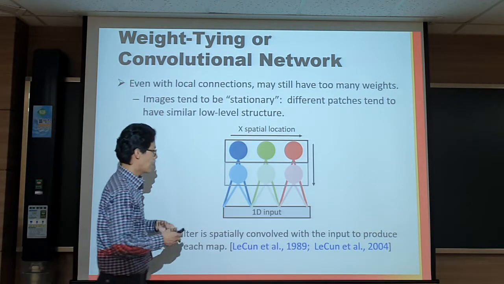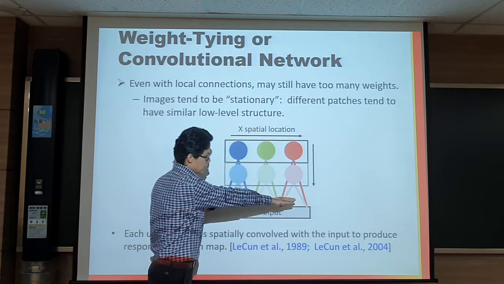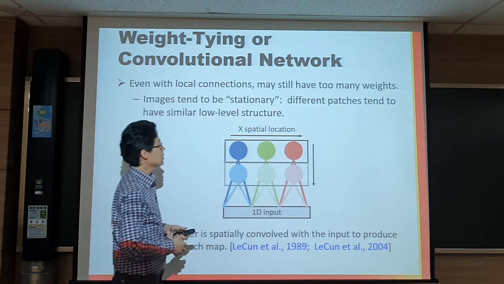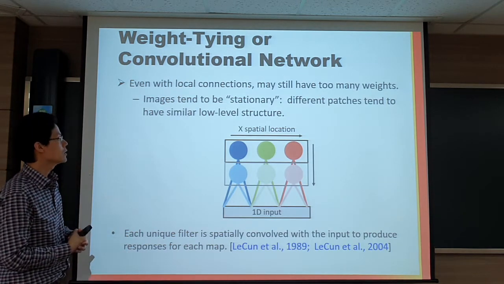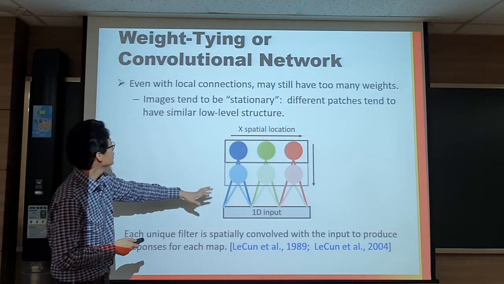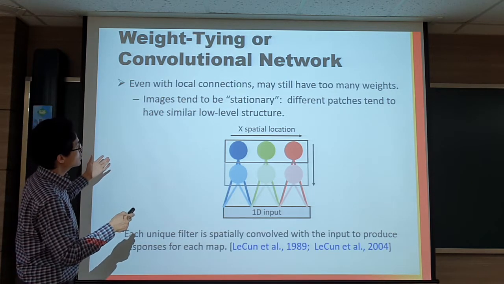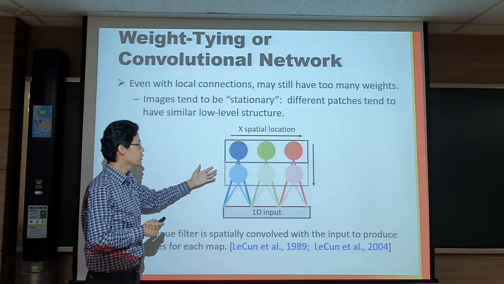Here I just mentioned that across different spatial locations, we can use different filter weights. But it turns out it's not really necessary to use different weights. Even with local connection, we might use too many weights.